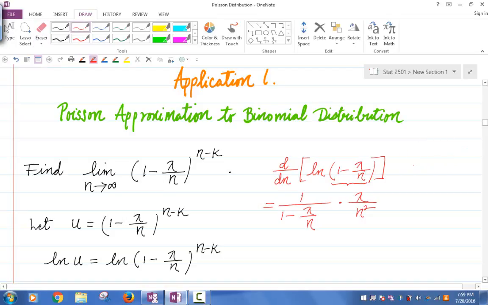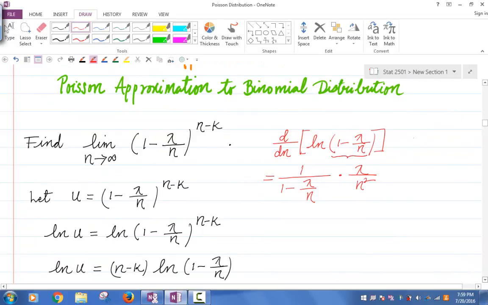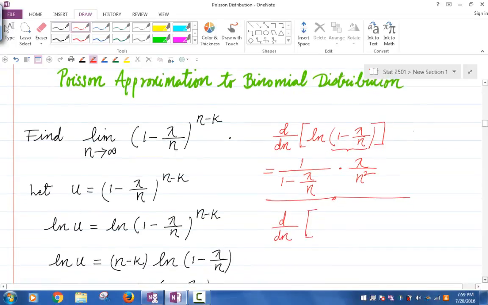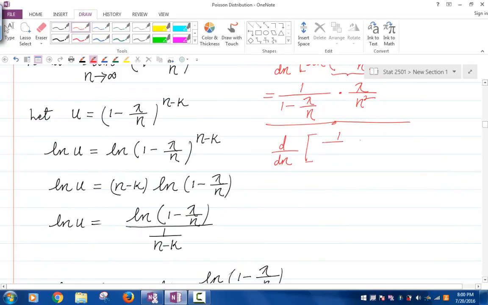Now we also need the derivative with respect to n of 1 over n minus k.